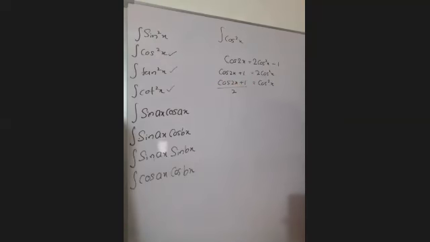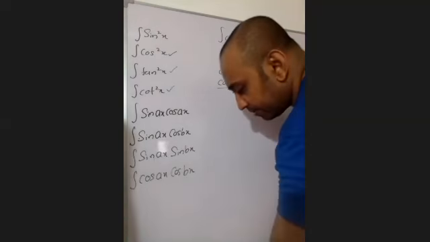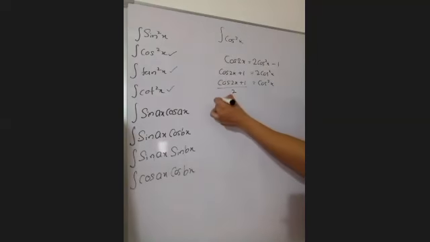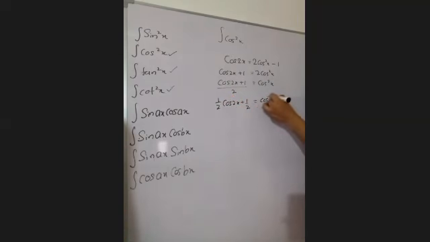The meaning of this term is like this: 1 over 2 cos 2x plus 1 over 2 equals cos squared x. So instead of this integration, you can write the integral of 1 over 2 cos 2x plus 1 over 2 dx.